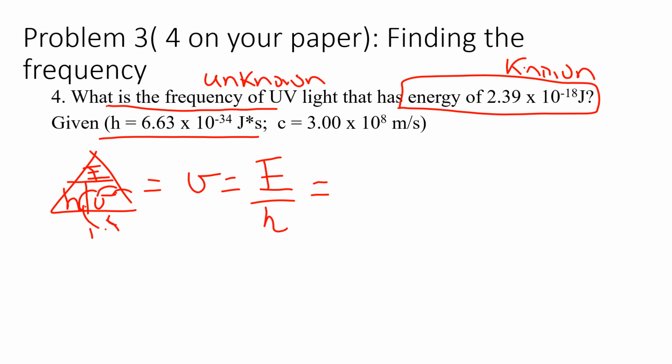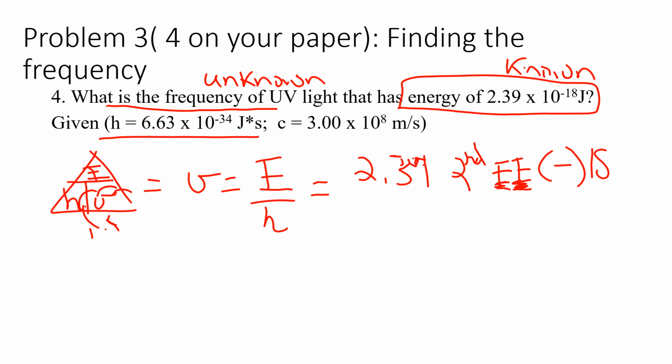So on your calculator again, you're going to be putting this time 2.39 in your calculator. Hitting the second EE button. And finding the negative sign, the bottom right, and 18.